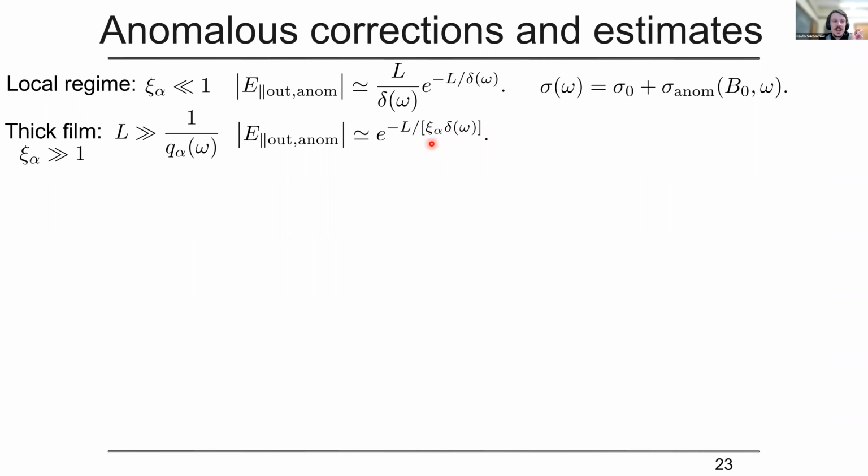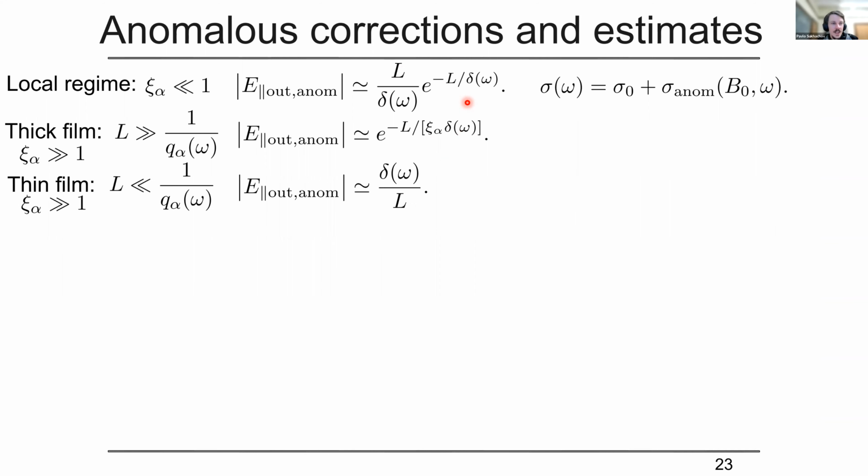It contains the component psi, which means that the exponent is much smaller than in the local regime. And of course, if it is an exponent, then smaller might mean a lot here. We can also consider the regime of a thin film, where the chiral charge diffusion is very efficient, and we have a polynomial dependence on the thickness of the film.